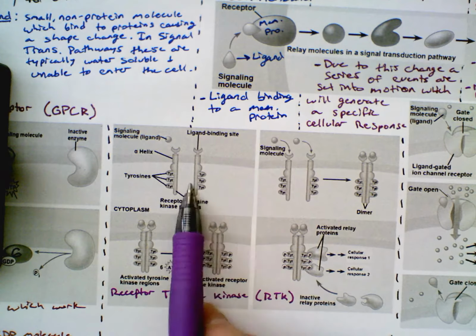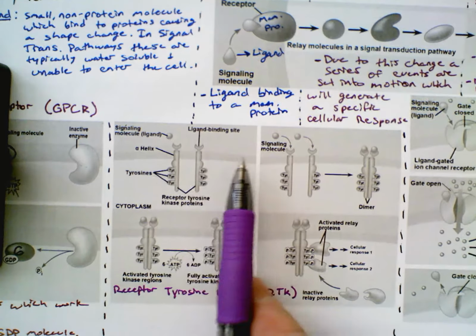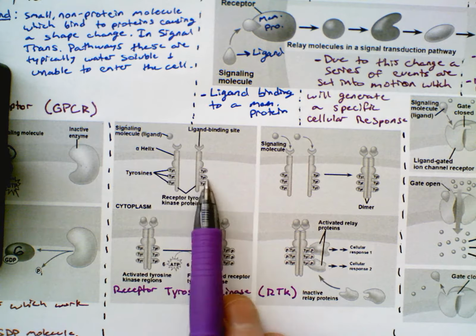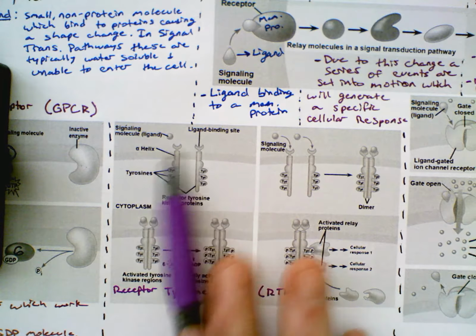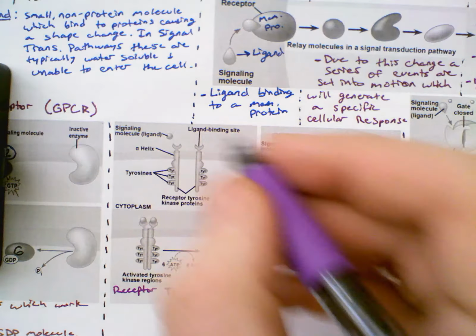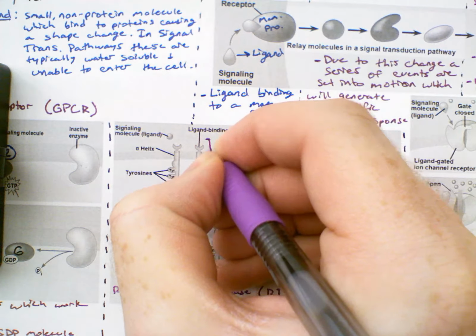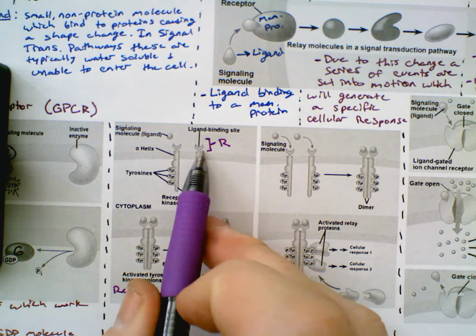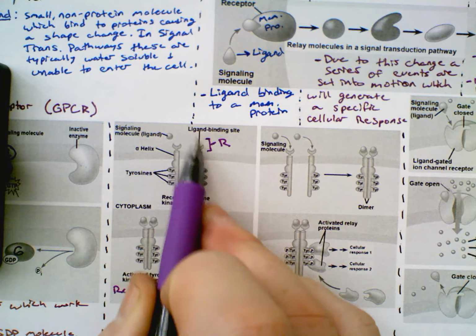So look at the very top left drawing of this. You can see the cell membrane. You see 2 different proteins, and they're not stuck together. This is the inactive form of these receptor tyrosine kinases. The receptor part is out here. So I'm just going to label that R. It's outside of the cell, and it's going to be receiving the ligand.